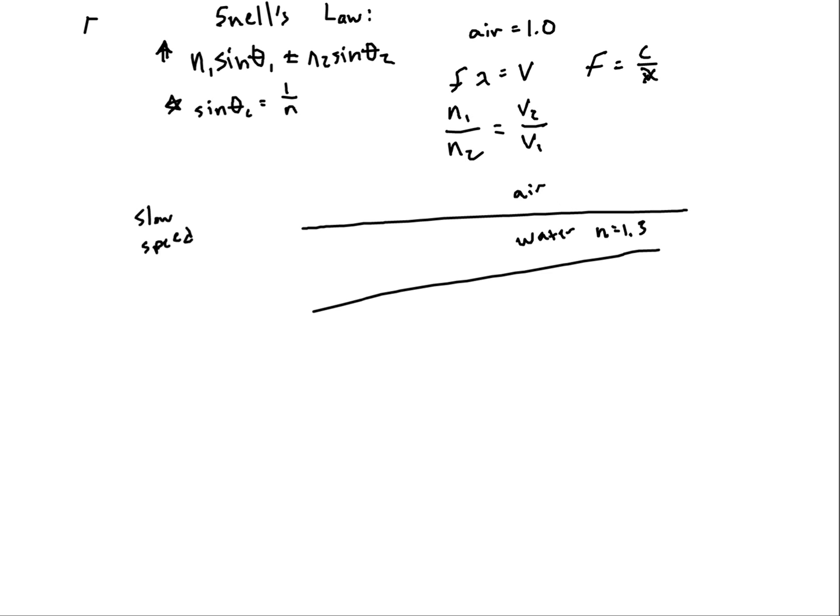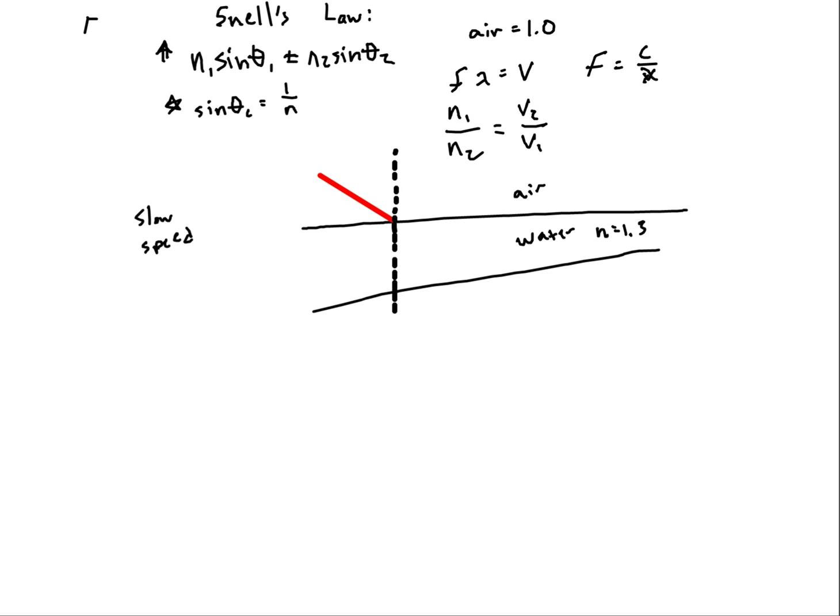And so here we've got a ray coming in, and it reflects off of the normal, okay? And so the normal is what is perpendicular to my surface. So my normal comes straight up like this, okay? And it also comes straight down like this.